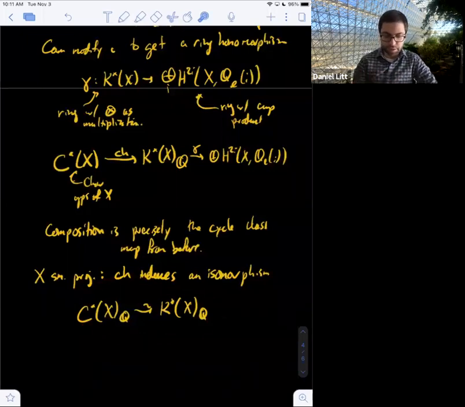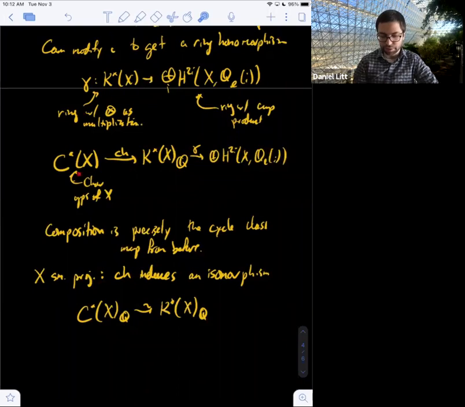Maybe let me make just a couple remarks about how one proves some of these things. A big chunk of this is just redoing Grothendieck-Riemann-Roch with this group replacing this one.